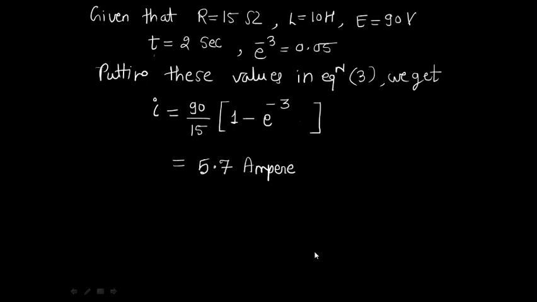So finally we get the simplification of the form 5.7 ampere. So you will get the value of the current as 5.7 ampere.